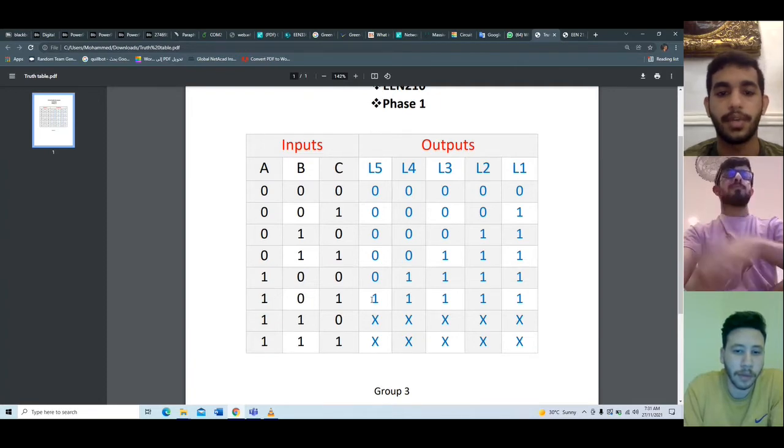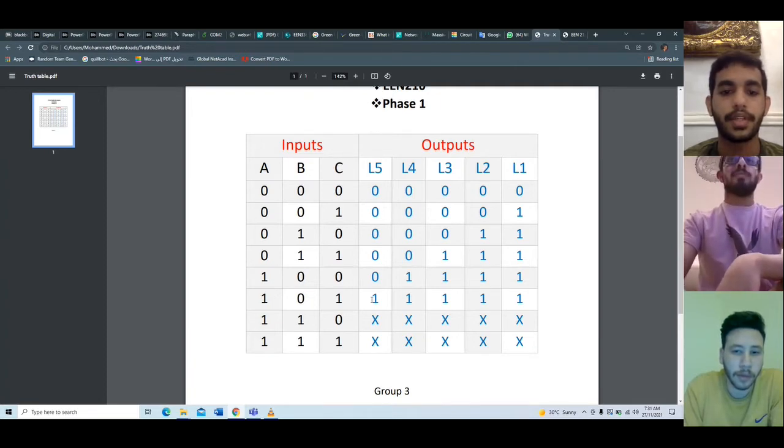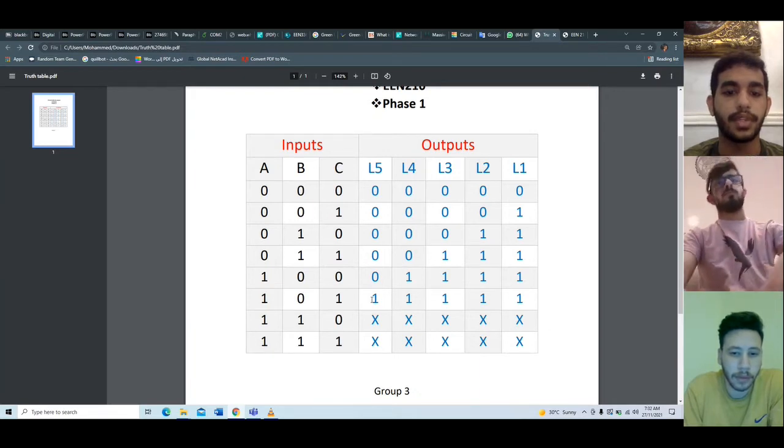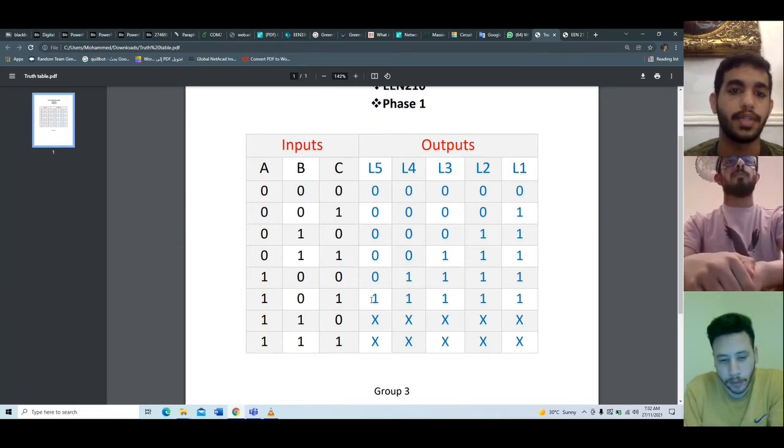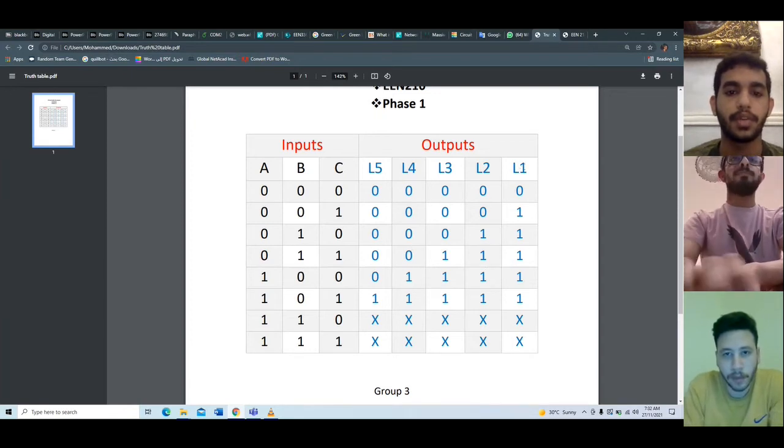As we can see in this truth table, there are 2 rows filled with don't care, which means that when the 5 lamps are on, we don't care about the speed increase. And now my colleague Mohammed will start with the K-map.